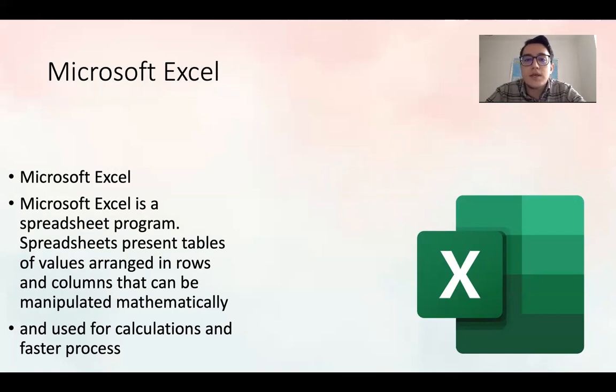For example, if you have many people and you want to know the average, which is the middle point of the weight of the people in the study, you can very easily select all the weights and give a calculation, and it automatically tells you the average number, or the maximum weight, or the minimum weight, or minimum age, or maximum age.